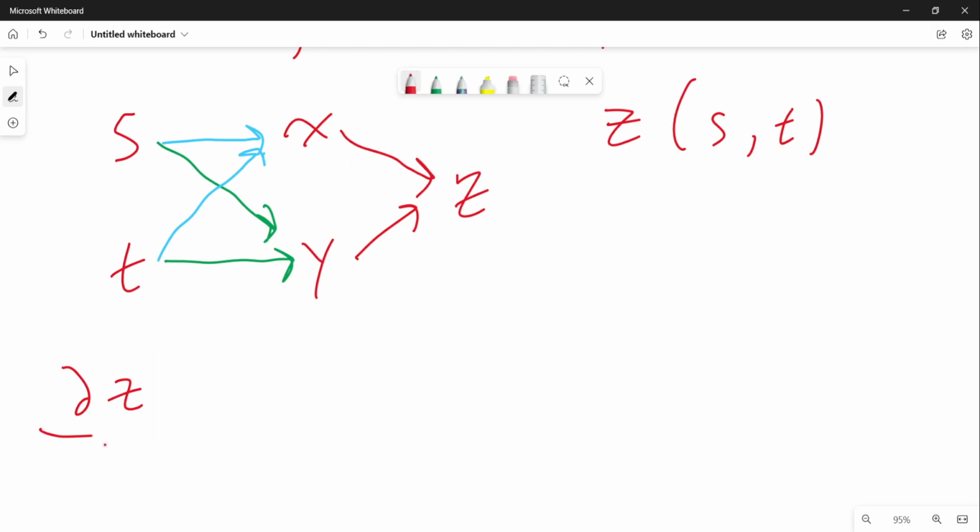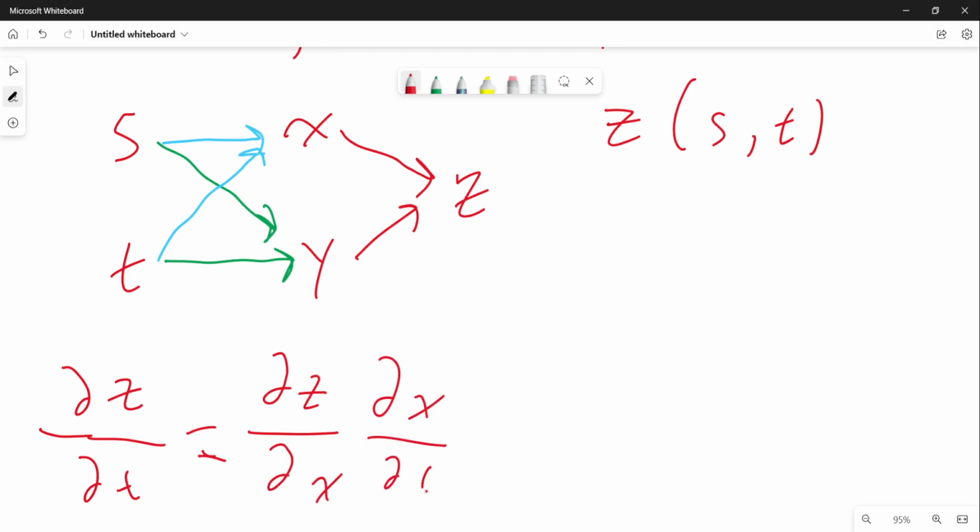Del z over del t is... So we say, what are all the paths between z and t? Well, we could go through y or we could go through x. So that means we get del z over del x times del x over del t.